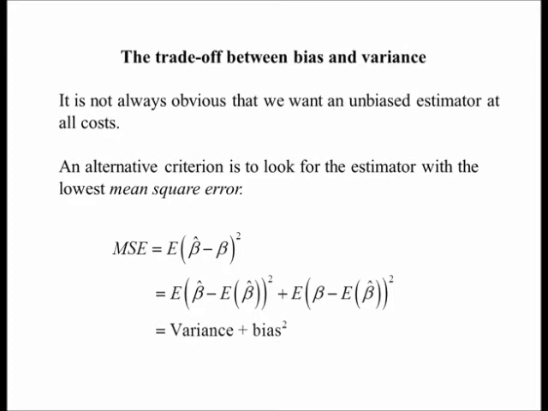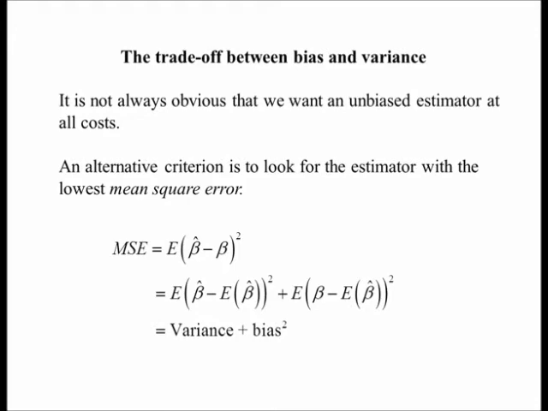Instead, we might want to take into account the variance of the estimator. An alternative criterion which allows us to look at the trade-off between bias and efficiency is what we call the mean square error criterion. The mean square error criterion is defined as follows. The mean square error is the expected value of (beta hat minus beta) all squared.